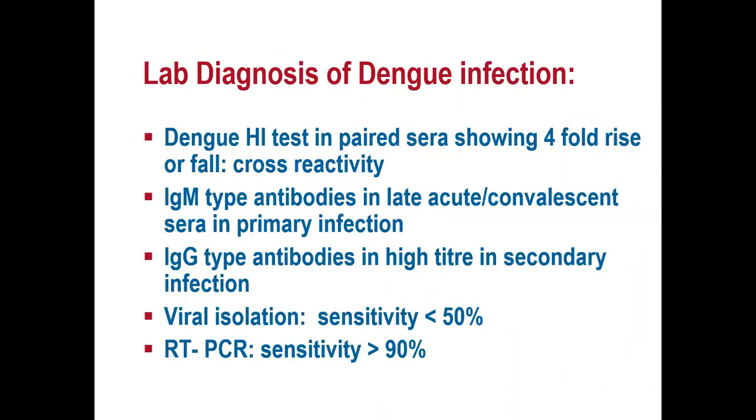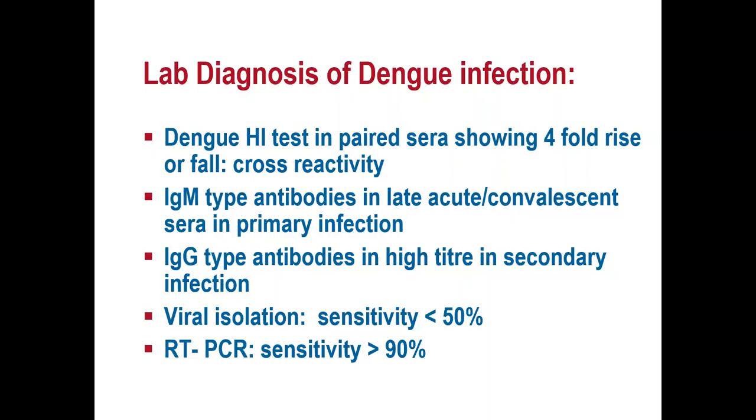The lab diagnosis that is most important to diagnose the patient, along with the clinical presentation, is a high sensitivity test, that is basically paired sera showing a fourfold rise or fall, with cross reactivity, IgG and IgM levels.